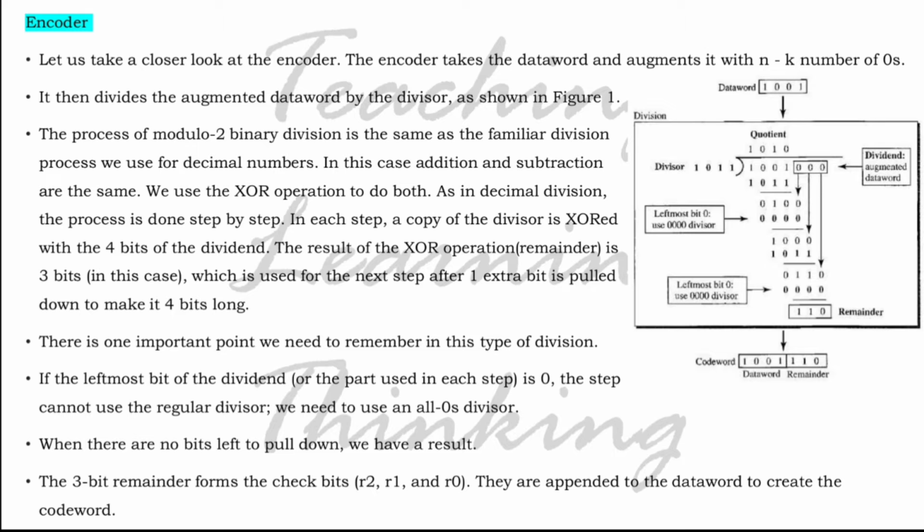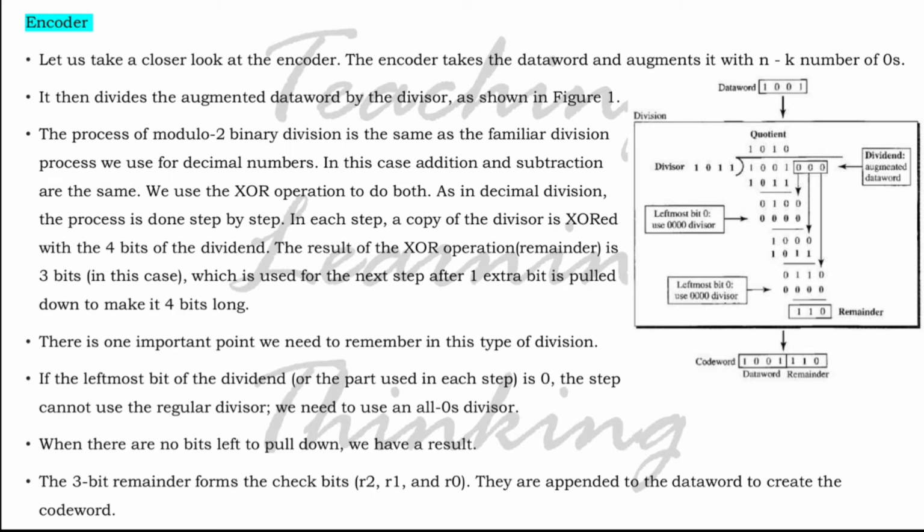So 1 minus 1 will be 0. Because it is an XOR operation, if the bits are the same, then the result will be 0. If the bits are different, the result will be 1. So 1 1 will be 0, and 0 1 will be 1, and 0 0 will be 0, and 1 1 will be 0.